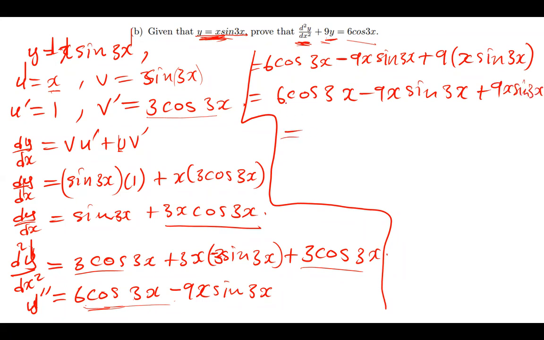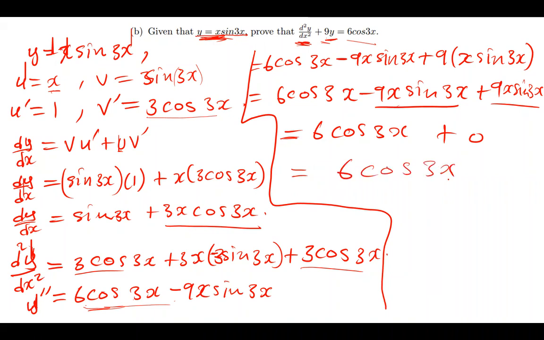When we add these, we simply get 0. So we have 6 cos 3x plus 0, which is just the same as that. Hence, proved.